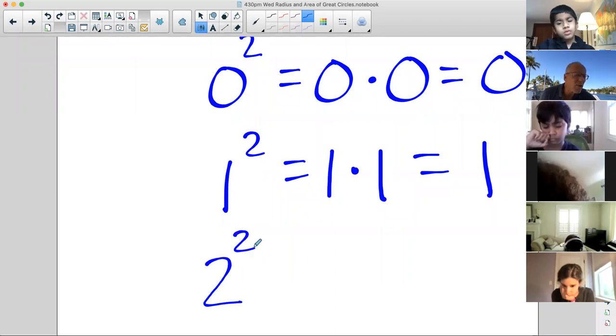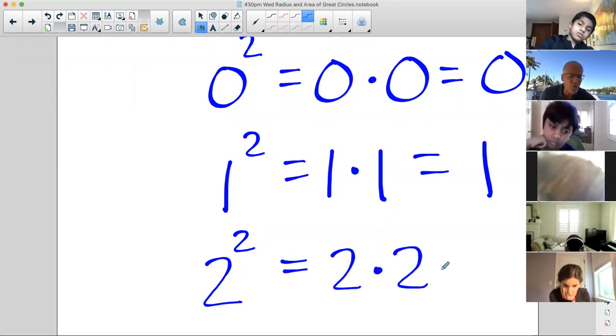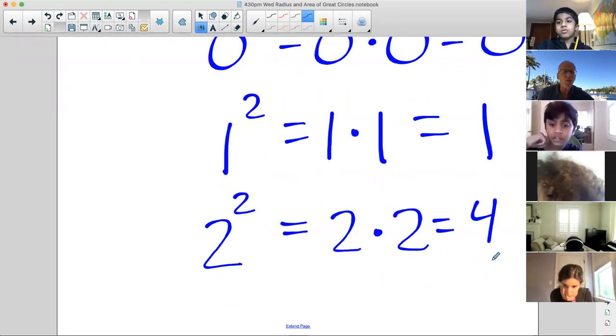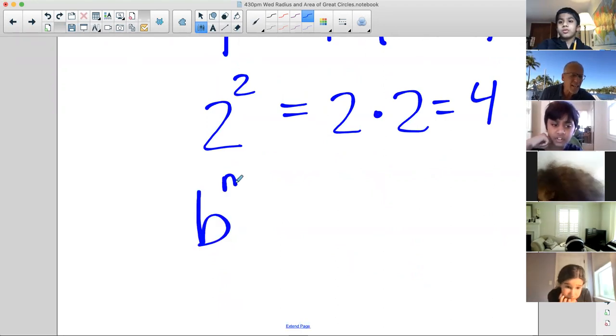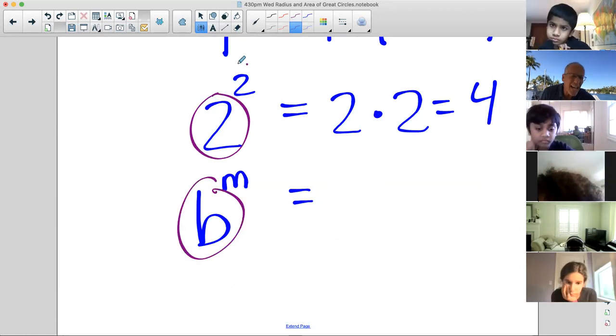The reason I don't like 2 squared is because when students see 2 times 2, they think that they're multiplying the base number 2 by the exponent 2.